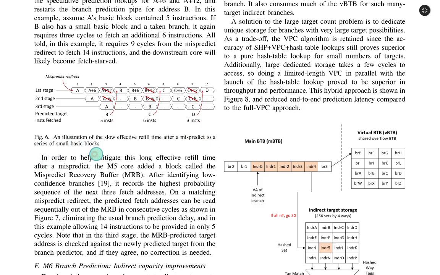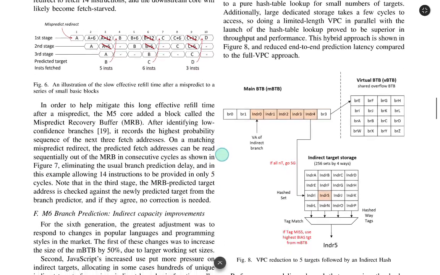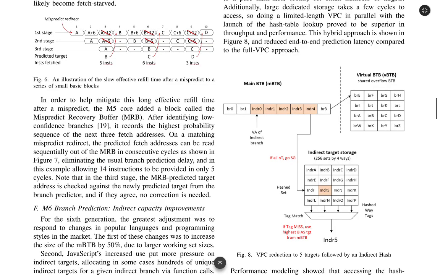Figure 6 illustrates the slow effective refill time when the code is split into a series of small basic blocks. In order to help mitigate this long effective refill time after a mispredict, the M5 core added a block called the mispredict recovery buffer, MRB. After identifying low confidence branches, it records the highest probability sequence of the next 3 fetch addresses on a matching mispredict redirect, and the predicted fetch addresses can be read sequentially out of the MRB in consecutive cycles, as shown in Figure 7, eliminating the usual branch prediction delay.